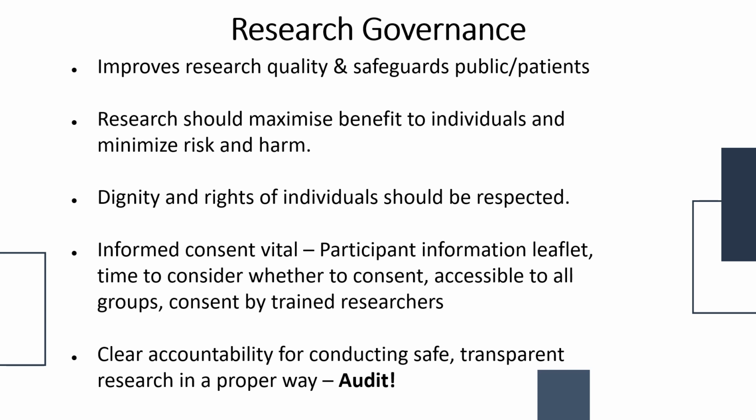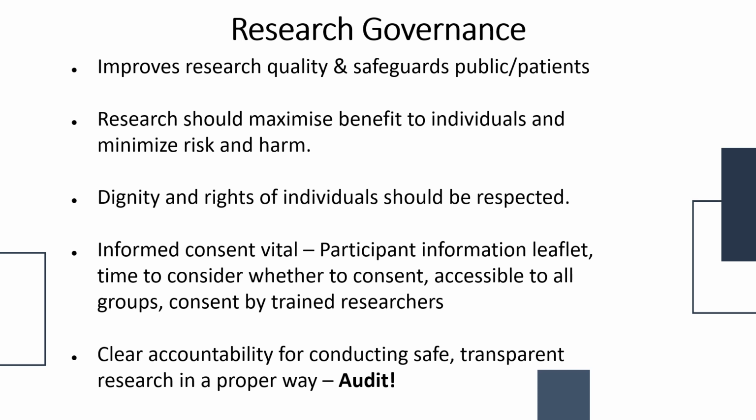You also need to have clear accountability for the proper conduct of the trial. This usually falls with the PI, which is the principal investigator of the study, and they are responsible for making sure that all of the data is collected and stored in a safe way, that all researchers have been properly trained and are appropriate personnel to be involved in the research study.